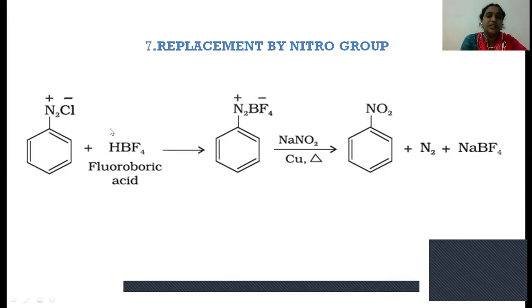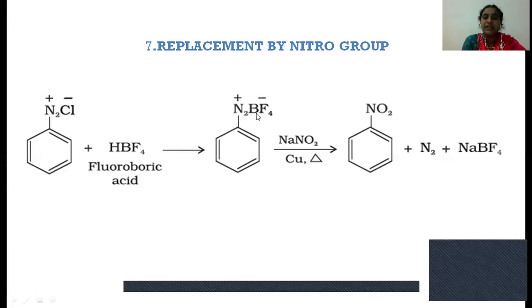In the first step, the chloride, which is the nucleophile, is replaced by BF4 minus, because in this fluoroboric acid, H dissociates as H plus, whereas BF4 exists as BF4 minus. So the Cl minus is replaced by BF4 minus, that is a nucleophilic substitution reaction.